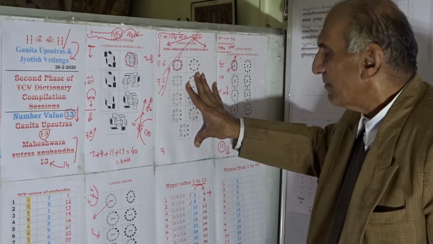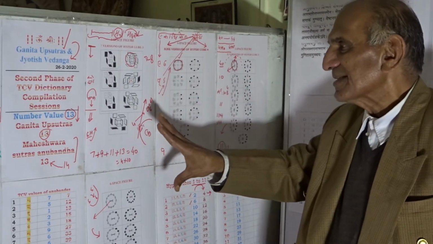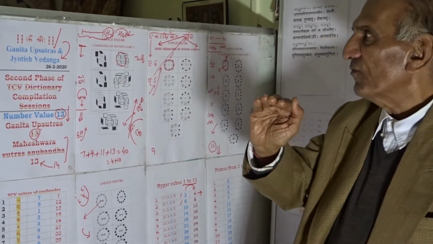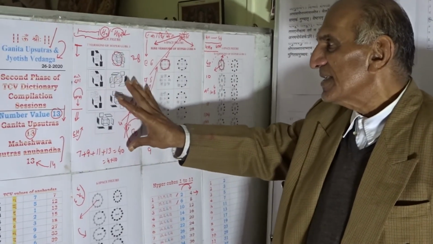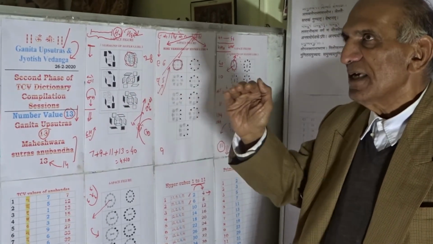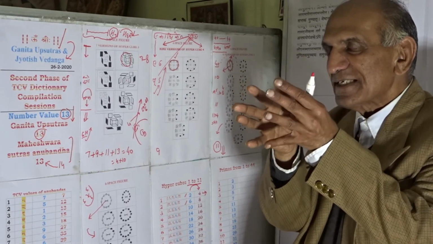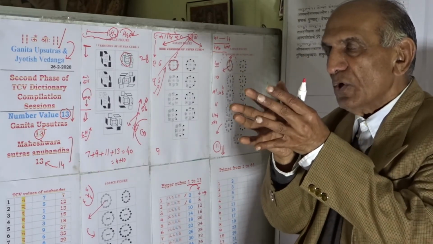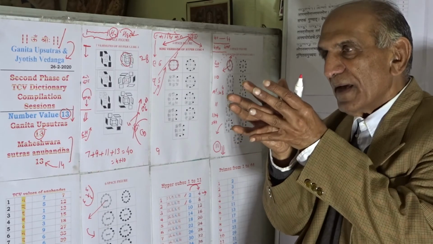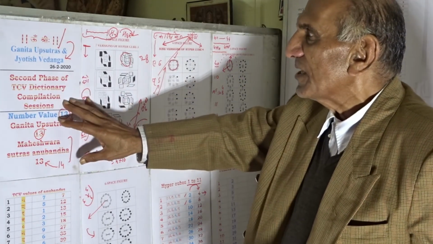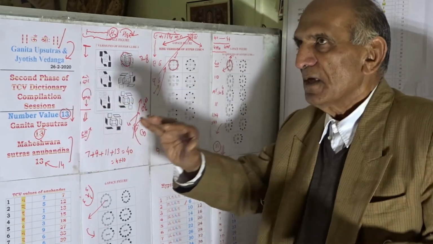With this attainment, this reach of the Vedic systems, is to be glimpsed and imbibed, and it is in terms of this that we have to enter and progress in the second phase of compilation of a TCV dictionary.